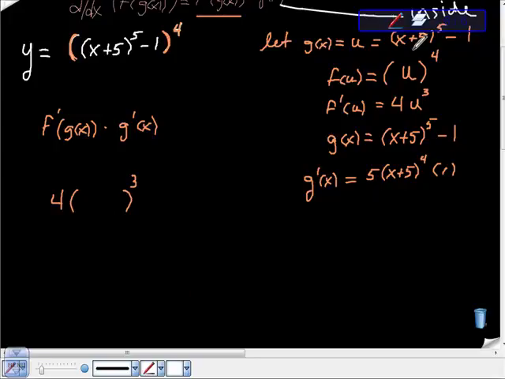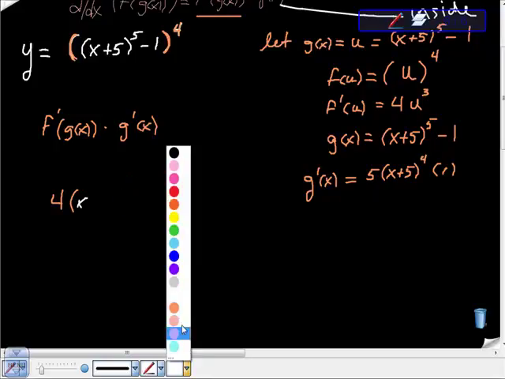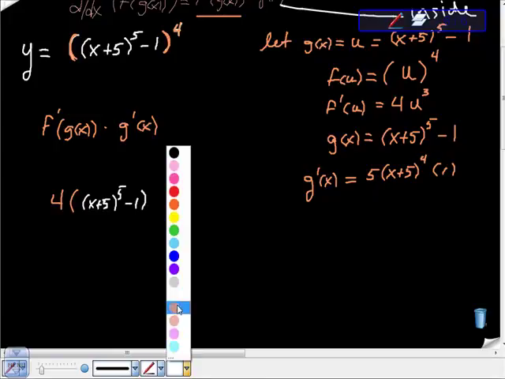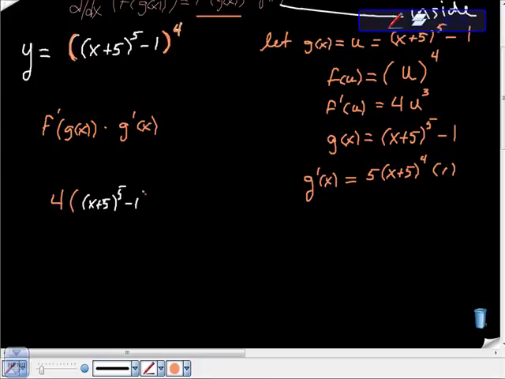Because it says here that u is x plus 5 to the 5th minus 1. So I need more room. Sorry. x plus 5 to the 5th, minus 1. That's me putting all that back on the inside.